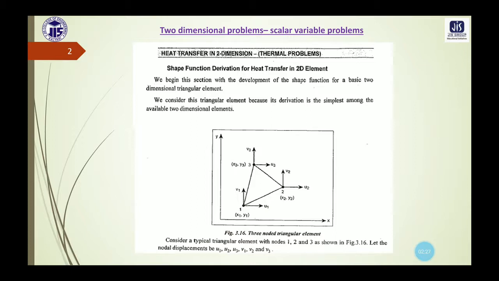In this diagram 3.16 you can see there is a 3-noded triangular element given, and all the 3 nodes have displacements in x and y direction. The coordinates for these 3 different nodes are given. We are considering this triangular element because its derivation is the simplest among the available two-dimensional elements.